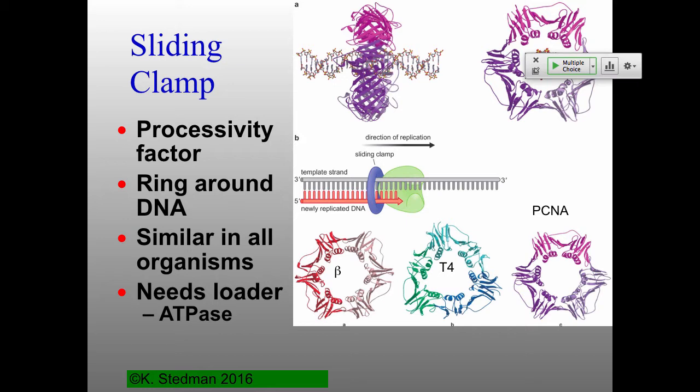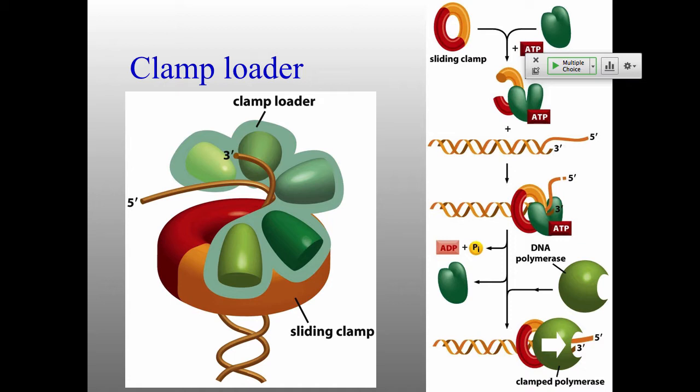And as was mentioned last time, I think, how do you get this ring around the DNA? You have to have a specific other protein complex to do this. The, again, incredibly creatively named clamp loader complex. So this is an ATPase, which will bind to one of these sliding clamps.